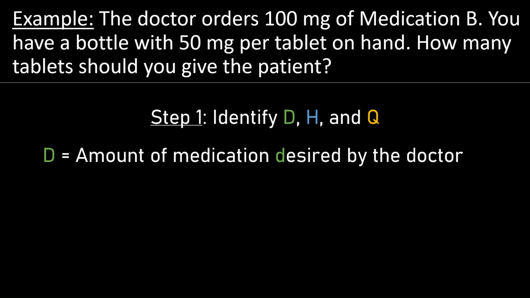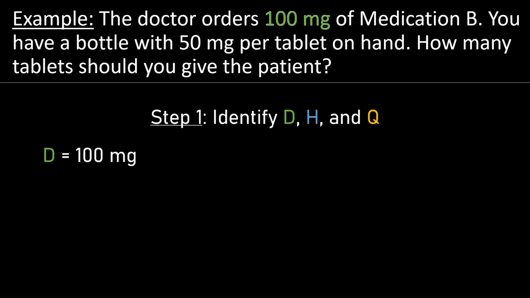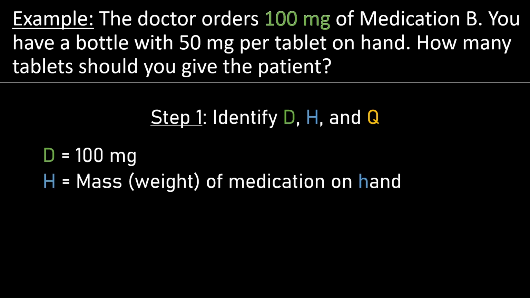D is the amount of medication ordered by the doctor, and we can see that the number and unit are clearly told to us here in the question. The doctor orders 100 milligrams, so D equals 100 milligrams. H is the mass of the medication on hand. We can find this information by finding keywords such as on hand or the label says.